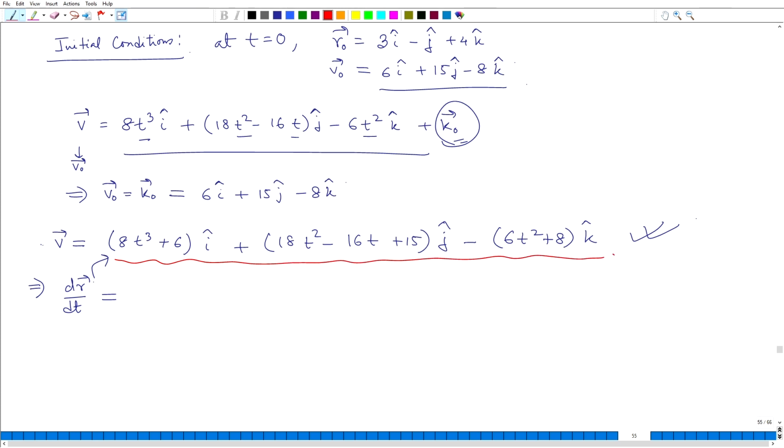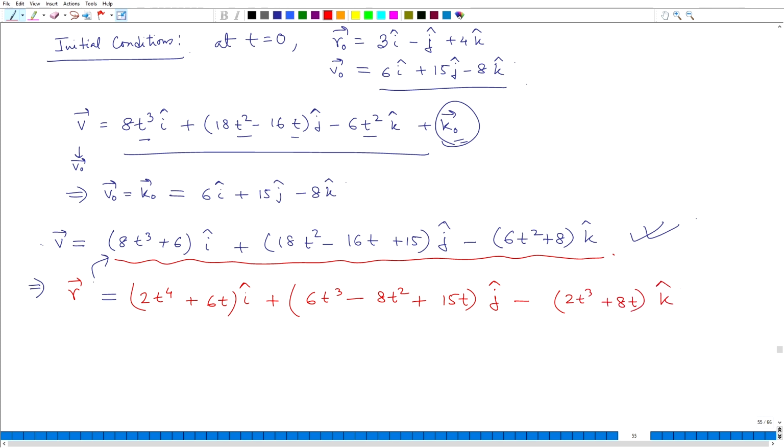Instead of writing all the calculations step by step, I will simply write the r vector directly, which can be written as 2 t to the 4 plus 6 t i cap plus 6 t cube minus 8 t square plus 15 t j cap minus 2 t cube plus 8 t k cap, plus another constant of integration, okay, which I denote by k 0 prime.